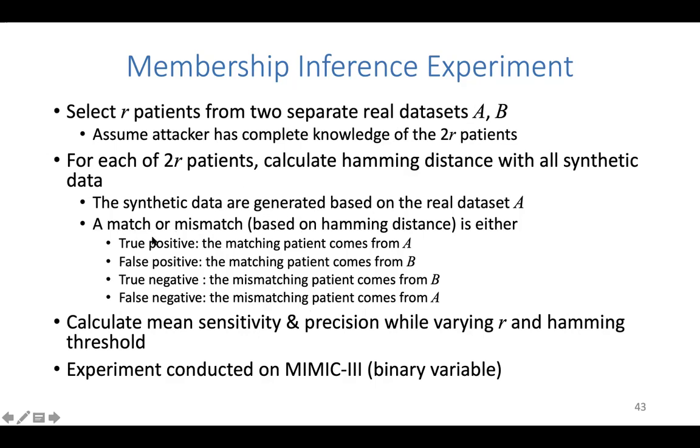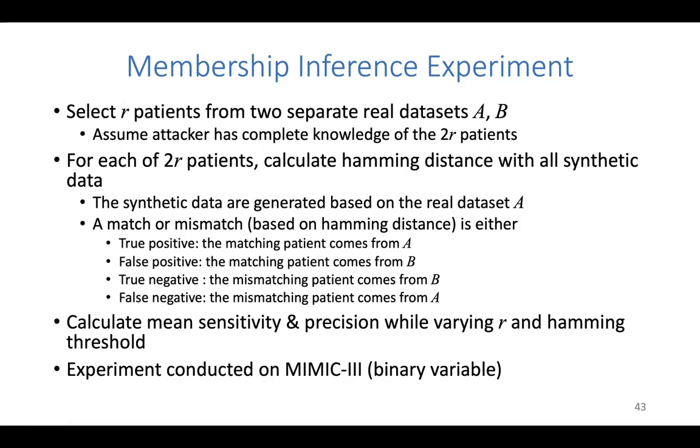And then what we do is we calculate mean sensitivity and mean precision while varying R, which is the hyperparameter, the amount of known patients to the attacker, and the Hamming threshold. So the Hamming threshold is like, if 2 samples are 1 Hamming distance away, then we treat that as a match.